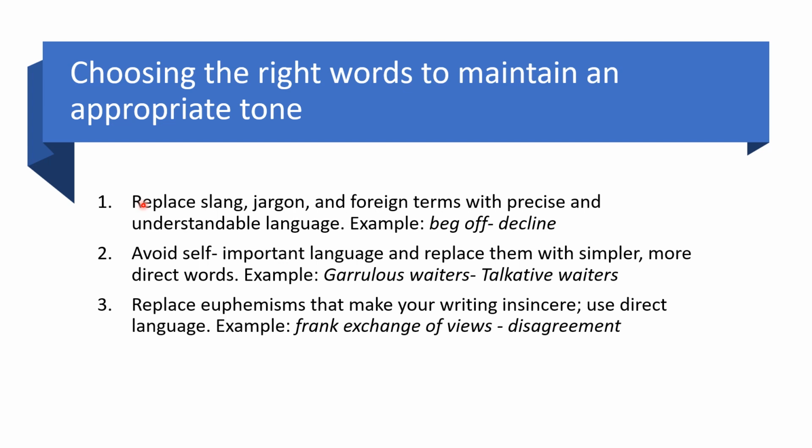Both are forms of language with special meanings that may not be generally understood, and both can distort the tone of a passage. Similarly, unnecessary foreign terms can mystify readers who do not understand them. You should replace such language with expressions and explanations that are more widely understood.